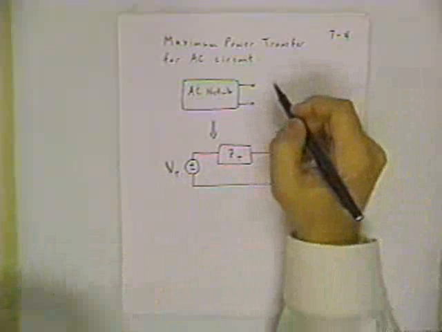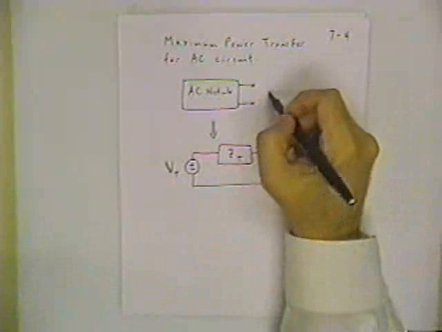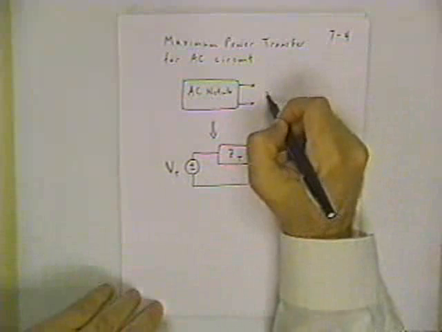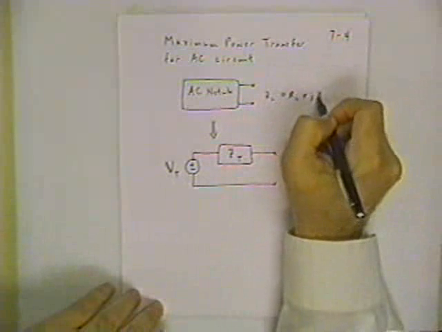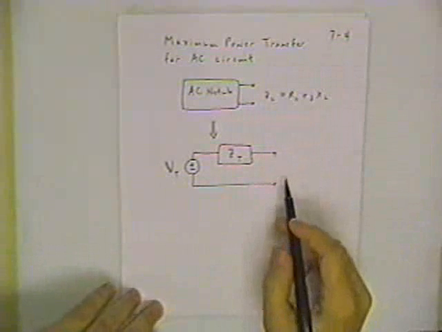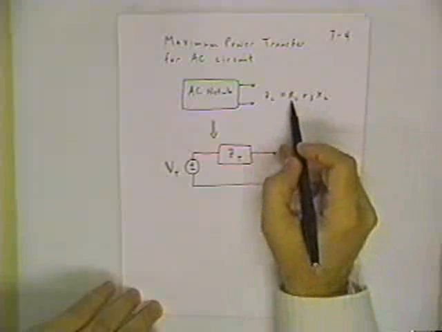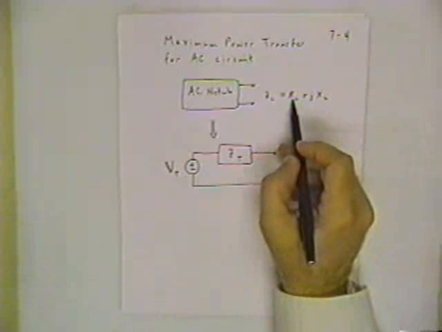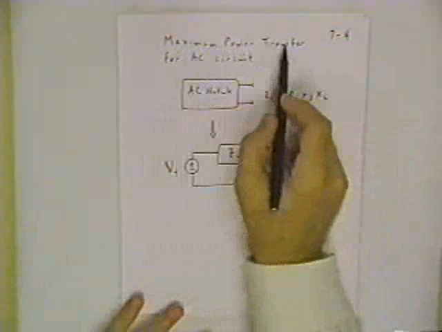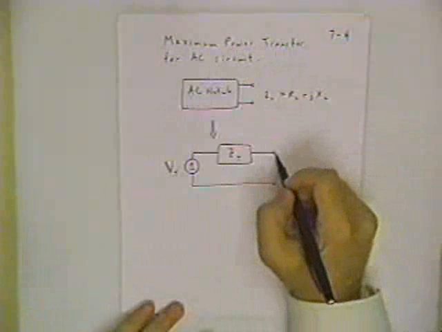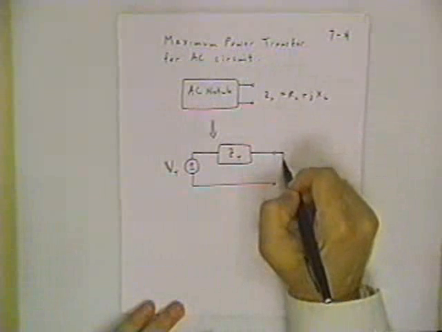And now we ask the same question again, and that's if I have a load impedance. Now let's call this Z sub L, equal to RL plus jXL. And I want to attach the impedance that has the correct values of R and X to achieve maximum power transfer. Then the question is, what do I attach here?